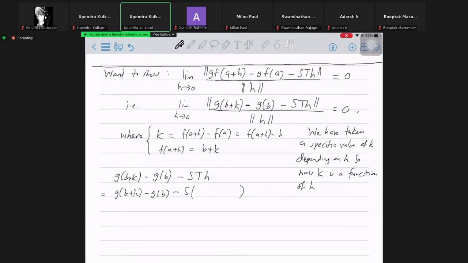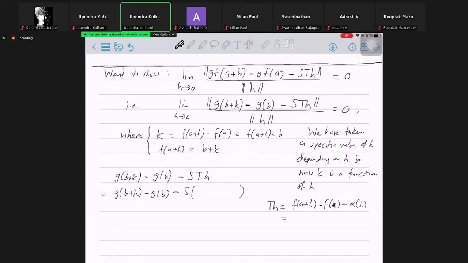So T of H is G of B plus K minus G of B minus S of F of A plus H minus F of A minus alpha of H. That's how alpha was defined. But what is F of A plus H minus F of A?